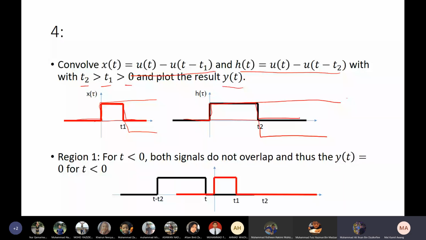So now, basically you want to convolve between these two functions. If you look at this, the convolution basically involves this region, which is less than 0, this region, and also this region. Let's say I call this region number 1, this is region number 2, this is region number 3.